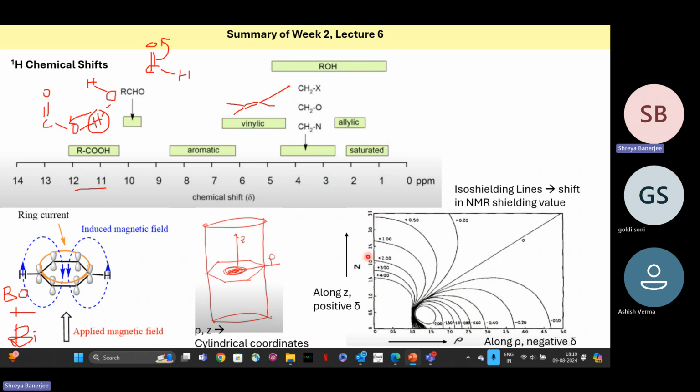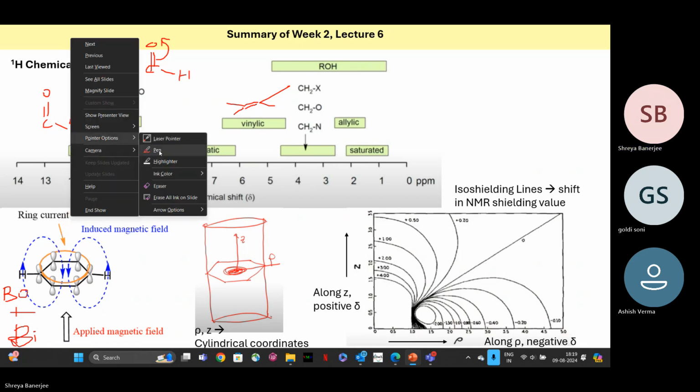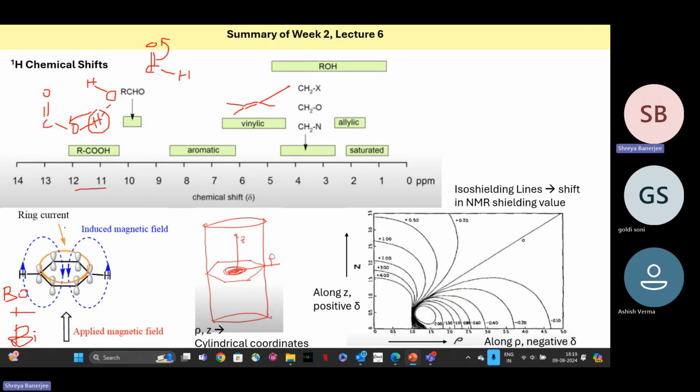Now, this plot that you have here, basically it's a plot of rho versus Z. And what they have done is that wherever the chemical shift is constant, lines have been drawn. Suppose we are going along Z. Imagine a point here which is along the Z axis.